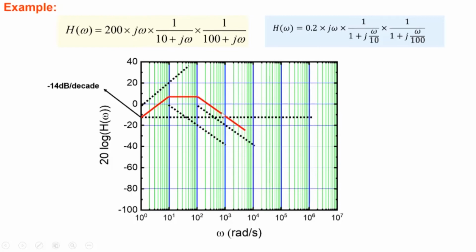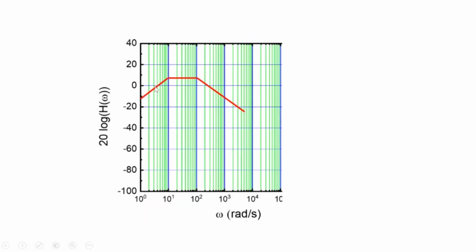Let's see how it compares with the actual one. This is what we sketched. And if we calculate the full transfer function, putting in exact values, this is how it looks, the blue one that you see here. As I said, there are some errors at these particular points, a few errors that you can see.